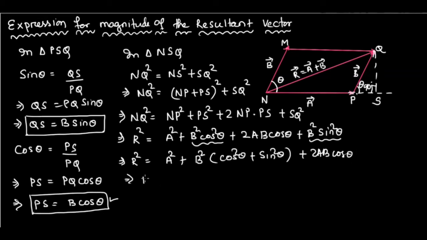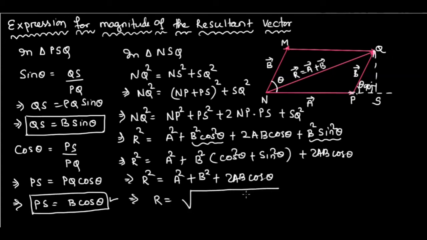Cos square theta plus sin square theta will be 1. So R square is equal to A square plus B square plus 2AB cos theta. That implies R is equal to the square root of A square plus B square plus 2AB cos theta.